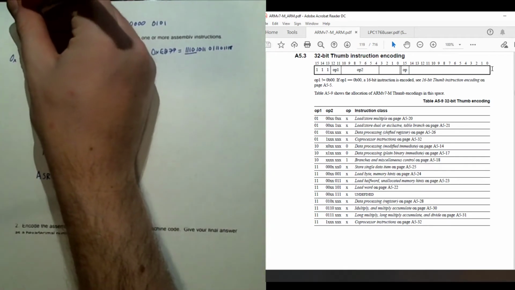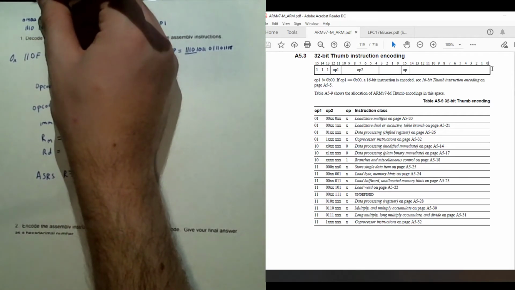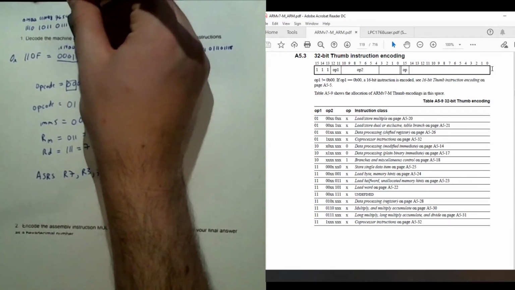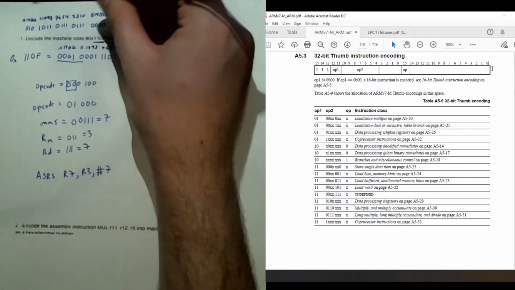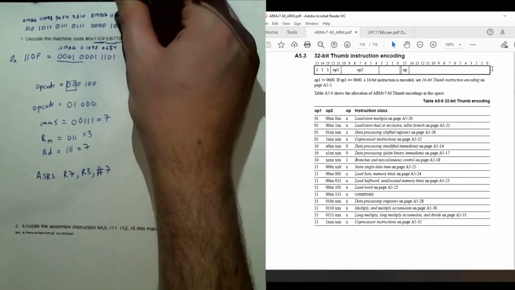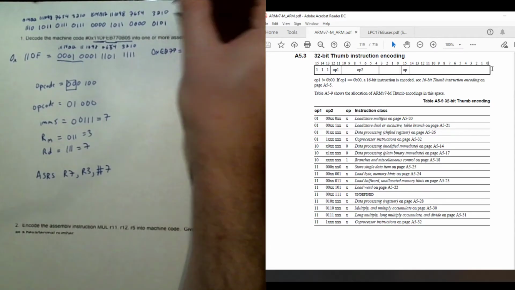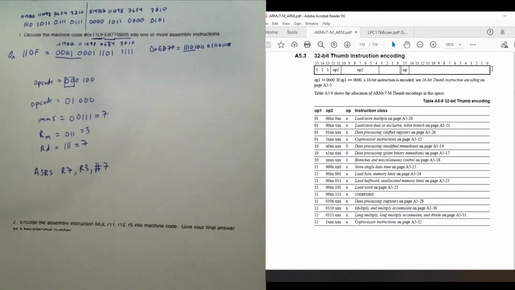And then, like I said, I'm going to label 15, 14, 13, 12, 11, 10, 9, 8, 7, 6, 5, 4, 3, 2, 1, 0, and again 15 down to 0. So we have sort of two halves of the instruction, the two 16-bit values that comprise this whole instruction, and this lets us line it up very nicely with the format that's in the guide here.